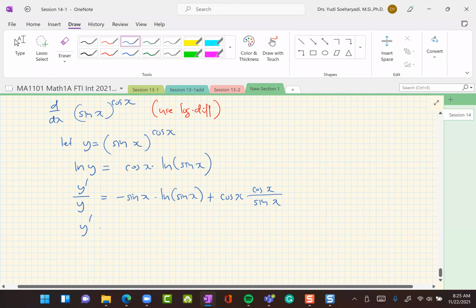Okay, so y prime is just y, again this is sine x to the cosine x, multiplied by cosine squared x divided by sine x minus sine x ln of sine x. There.